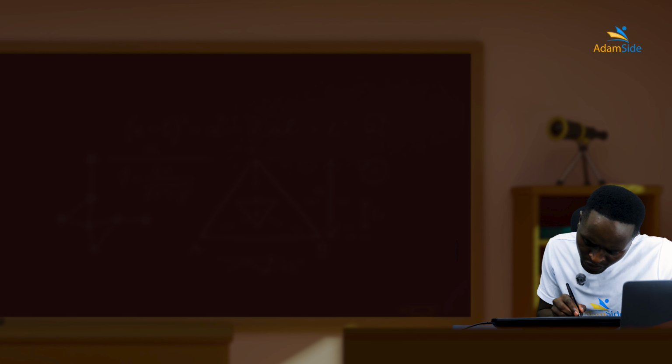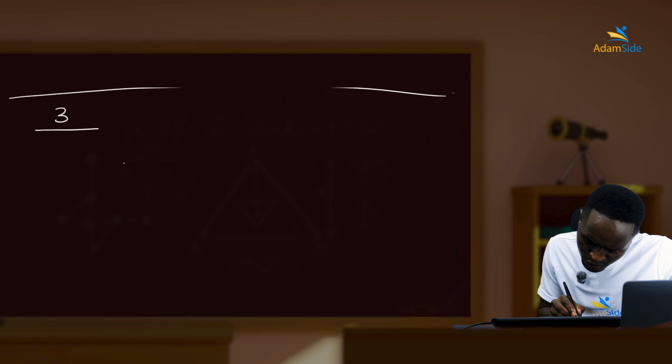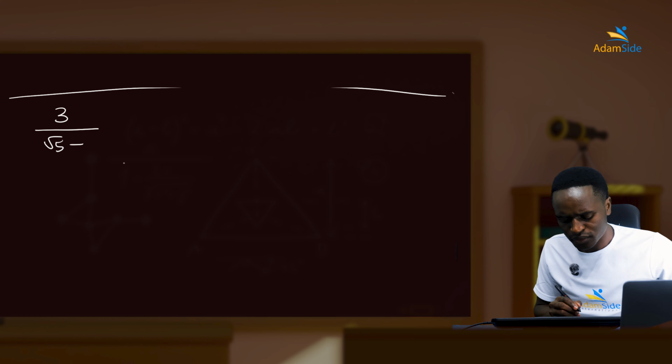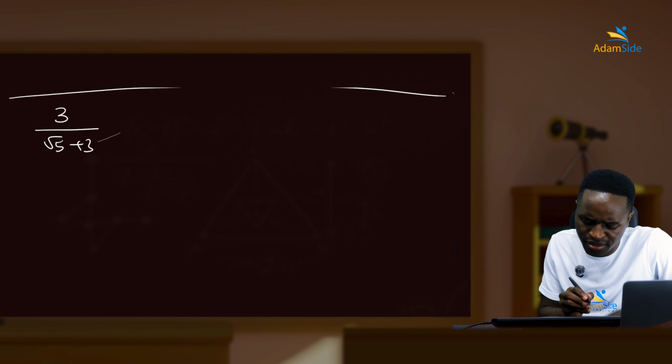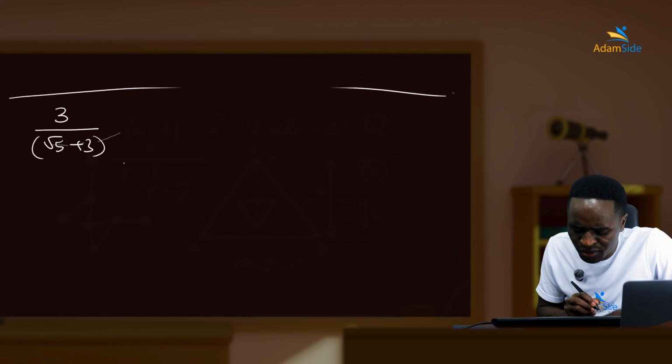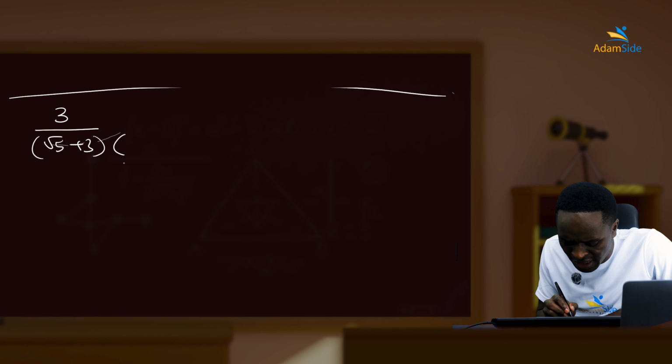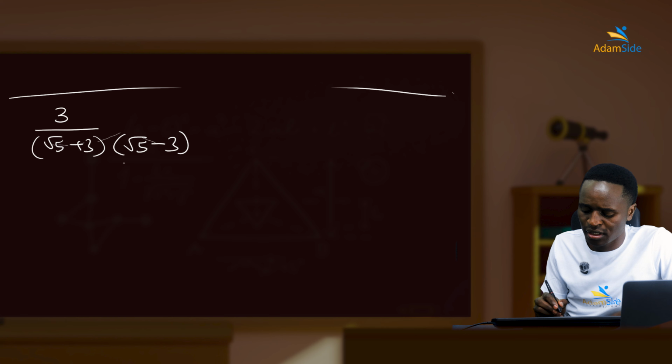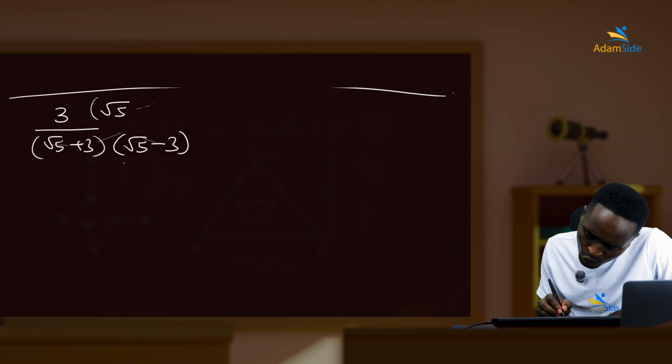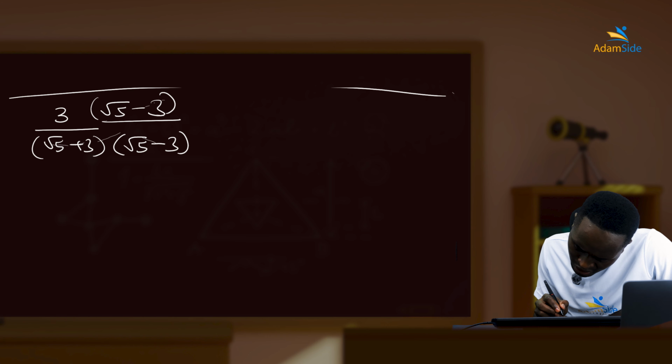Okay, we have 3 over root 5 plus 3, and they say rationalize this. This is another example. What is our conjugate? Our conjugate will be the same radical but with a different sign, root 5 minus 3. Then you multiply on the denominator and on the numerator the same.